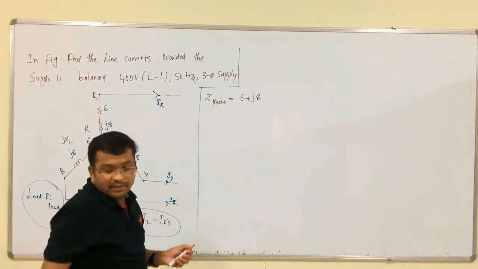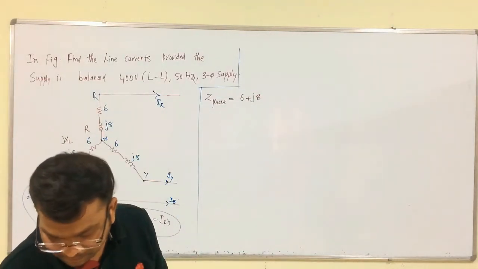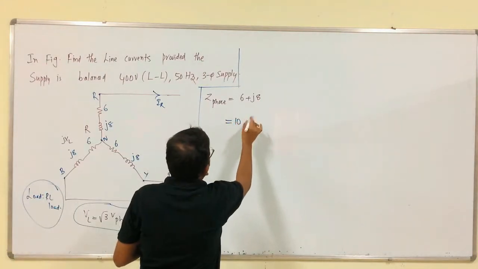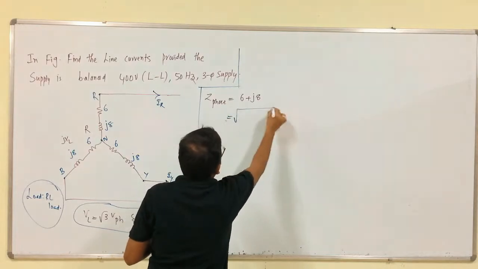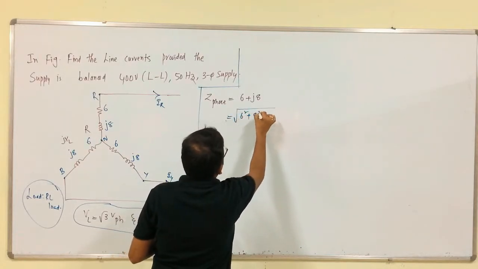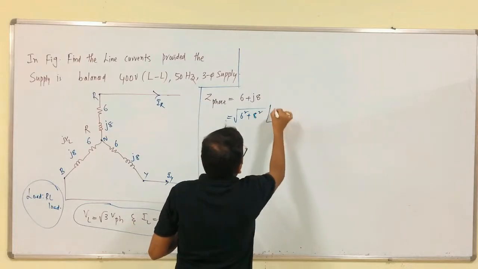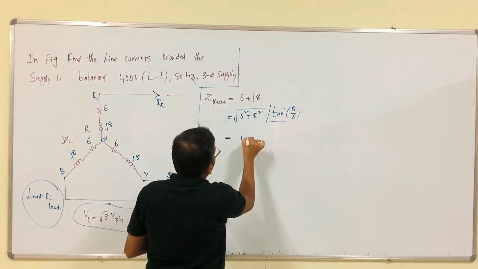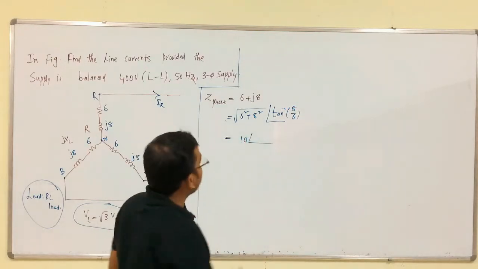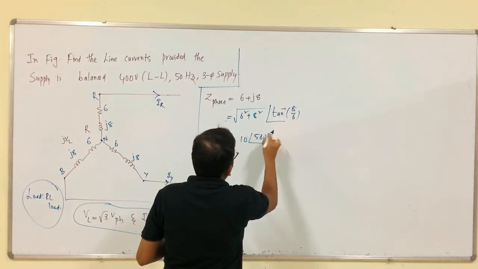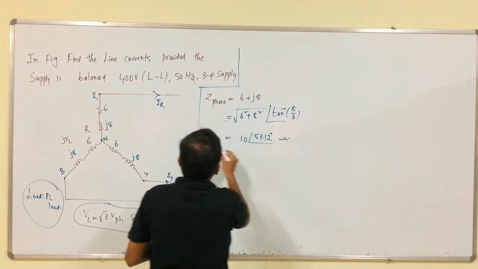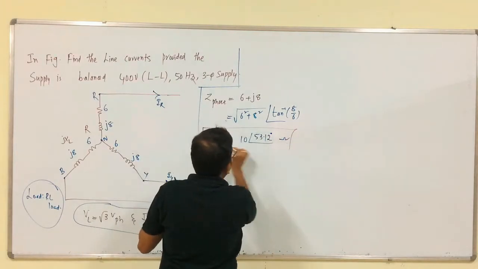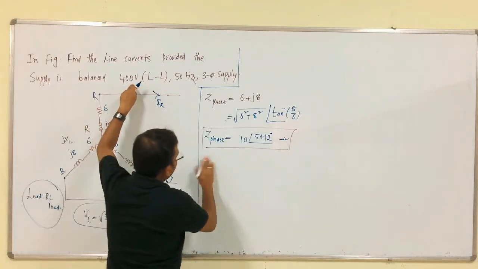The magnitude is the square root of 6 square plus 8 square, at an angle tan inverse 8 by 6, which equals 10 at an angle 53.12 degrees. So, Z phase is 10 at an angle 53.12 ohms.